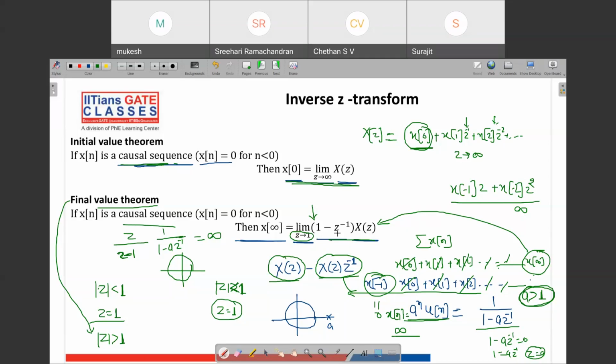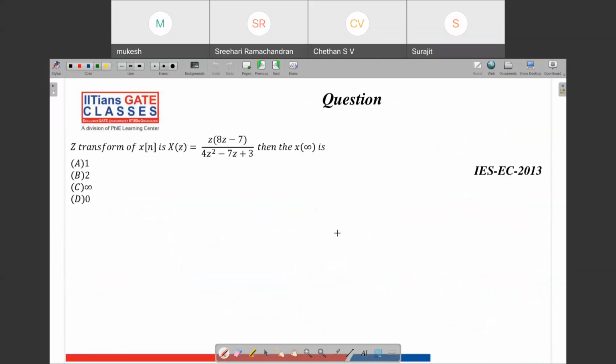Is it clear? Okay. Now in this problem, we need to apply the final value theorem, and this is the x of z. So to calculate it, you have to do not partial fraction, just a factorization of this denominator, and see where the poles are.